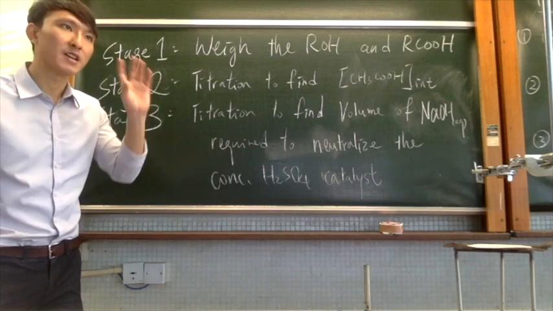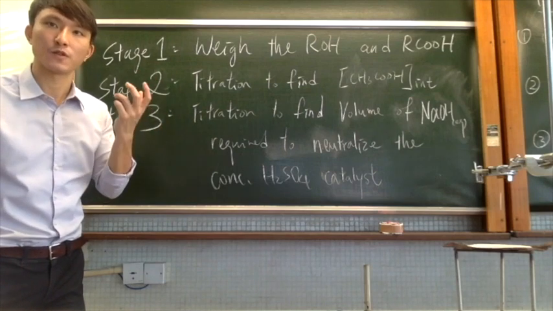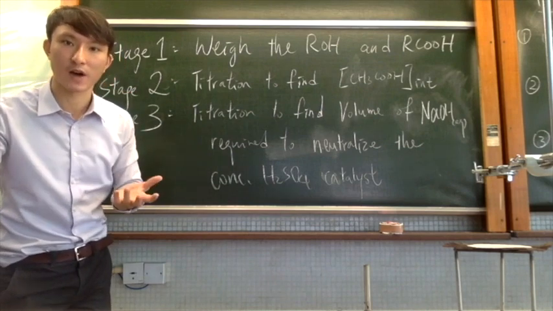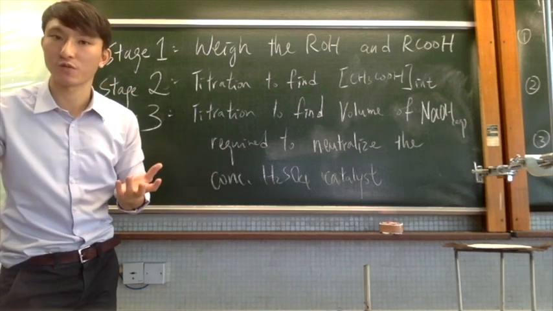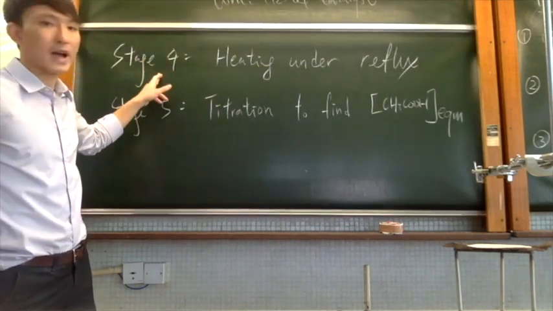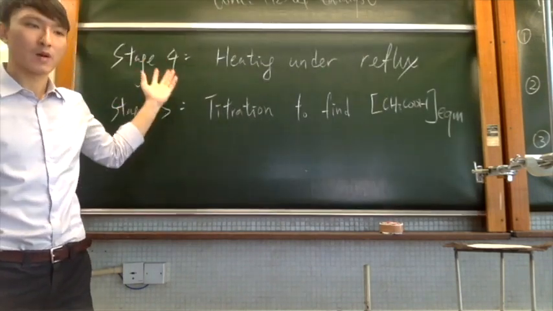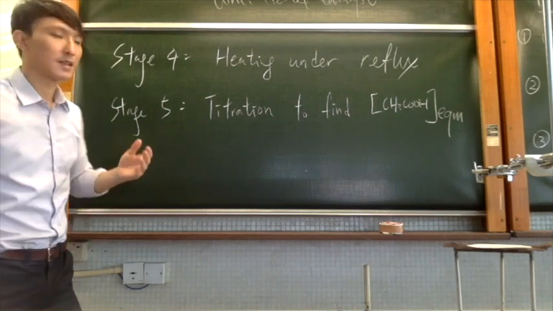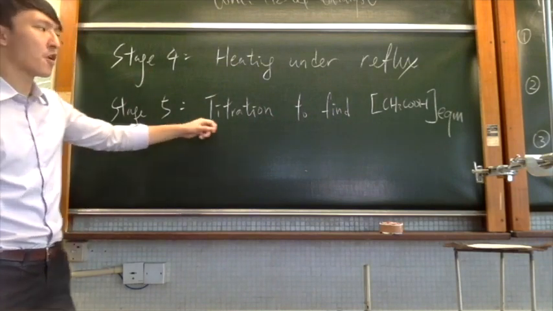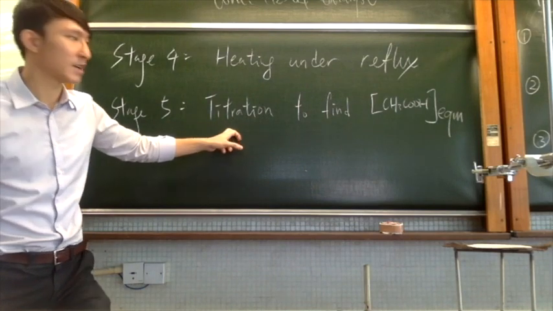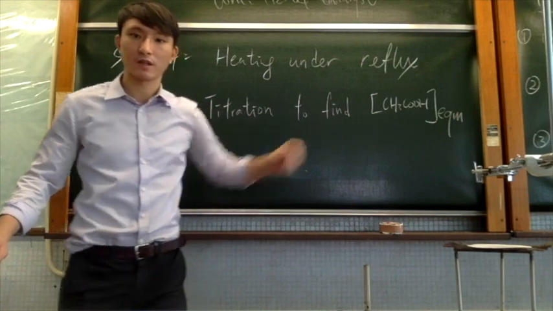So later on, this volume of sodium hydroxide can be used to correct or rectify our titration result in the later stage. Then we will actually heat our apparatus under reflux for at least 30 minutes. And after that, we will perform our third and the last titration to find out the equilibrium concentration of ethanoic acid.